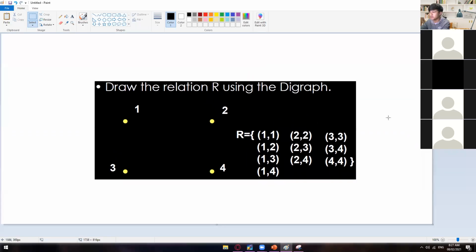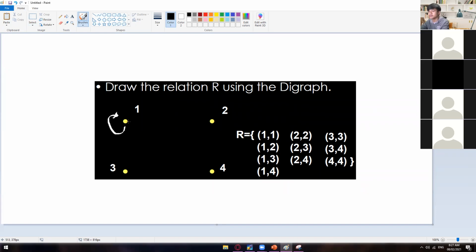This one is super easy. As you can see right here, we have a relation 1, 1, and so on and so forth. This is actually the answer from the past example, the one that we just answered. So if we have 1, 1, then you can answer this one as this one. So as you can see, we have 1, 2, 3, 4 elements. So we have 1, 1.